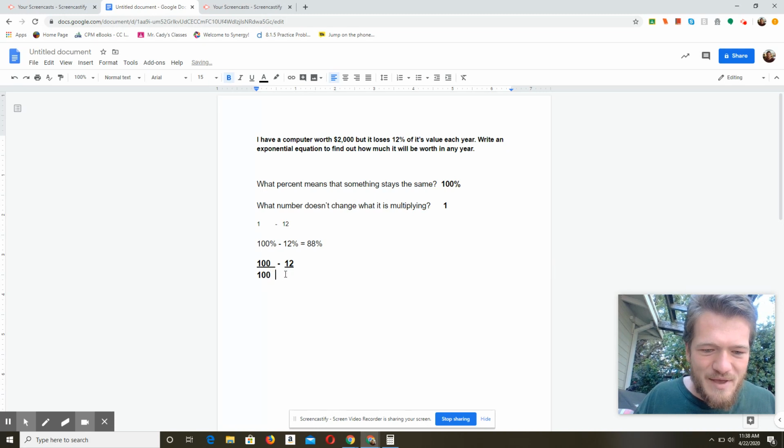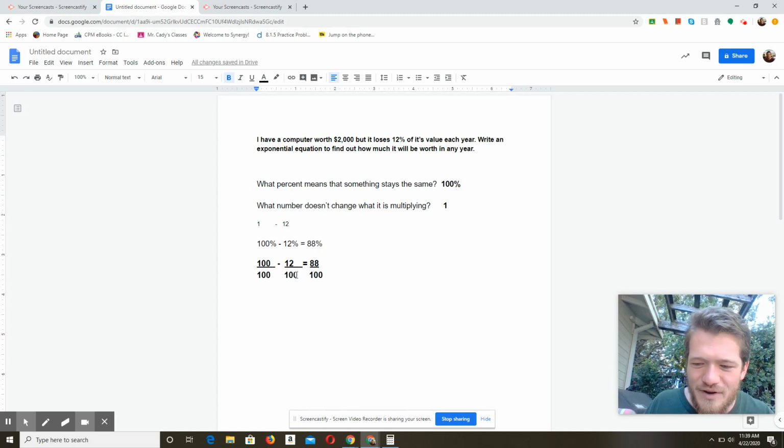You could subtract these, and that would be equal to 88 over 100, because we know percent means over 100. Even just doing the arithmetic, you have to keep the same denominator. 100 minus 12 is 88.